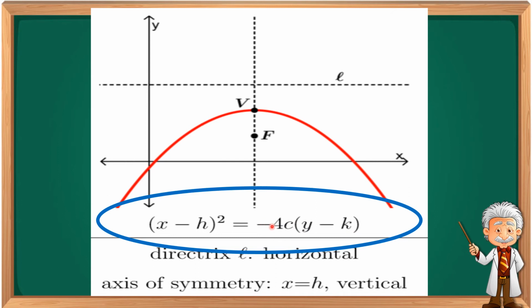Yung kanina walang negative because it faced upward, but this time it is facing downward, meron na siyang negative. The directrix is horizontal, ibig sabihin pahiga. And the axis of symmetry is x equal to h. Ibig sabihin, vertical siya.